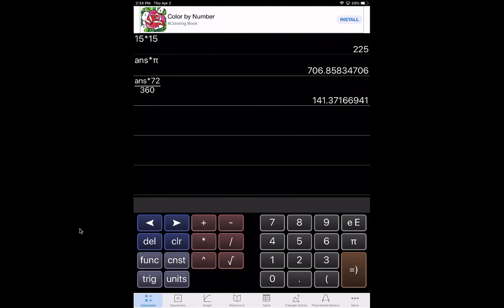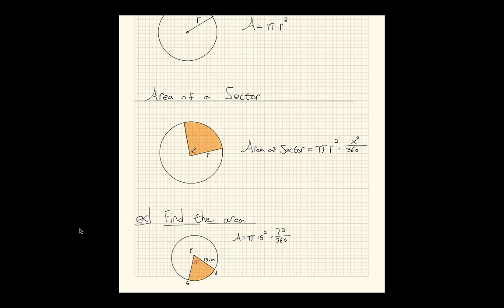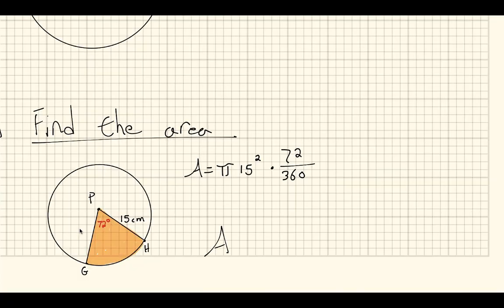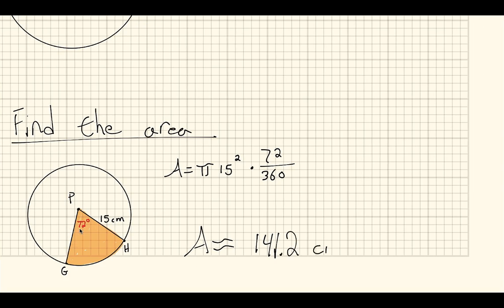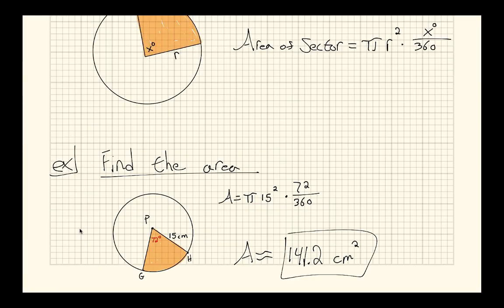We'll round that to 141.4. So area is about 141.4. This was in centimeters. Remember, it's area, so we deal with centimeters squared. So that's how we find the area of a sector.